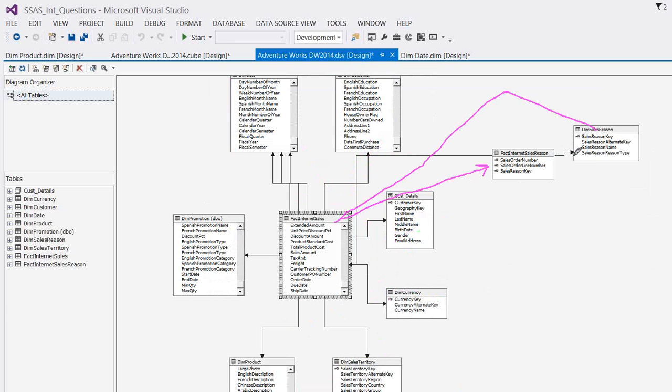So whenever there is no direct relationship, then we don't call it a star schema. We call it a Snowflake schema. So this is the difference between the star schema and the Snowflake schema.